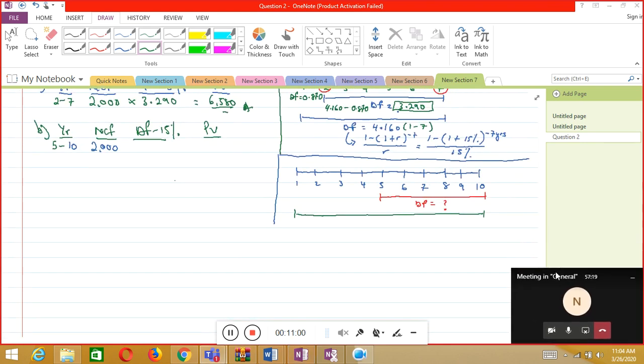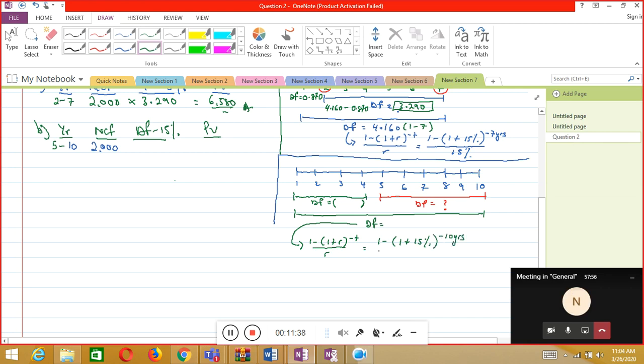Okay, how much discount factor here, and then we need to also find the discount factor for 1 to 4 because we need to minus this discount factor, then only we will get the balance from 5 to 10. So we're going to repeat the same step again, the same formula, 1 minus 1 plus r power of negative t over r. So 1 minus 1 plus 15%, but now is power negative 10 years divided by 15%.